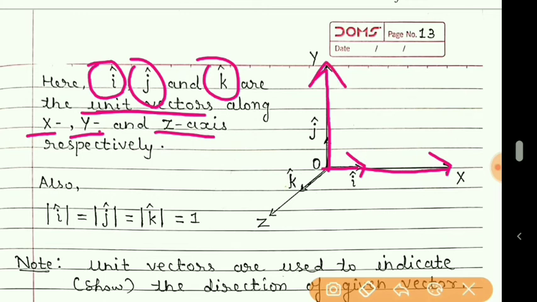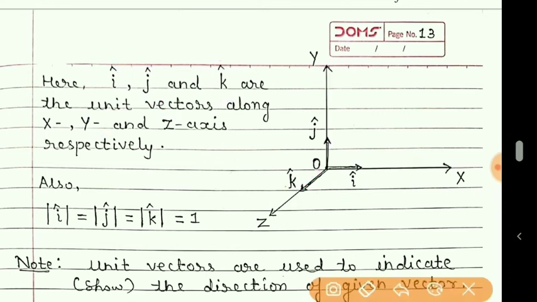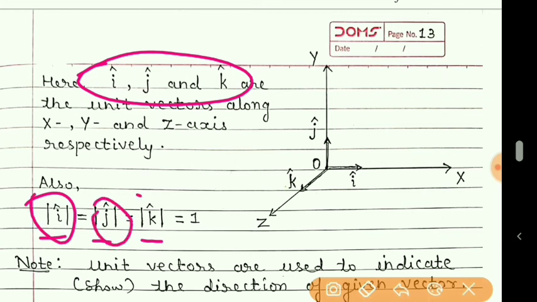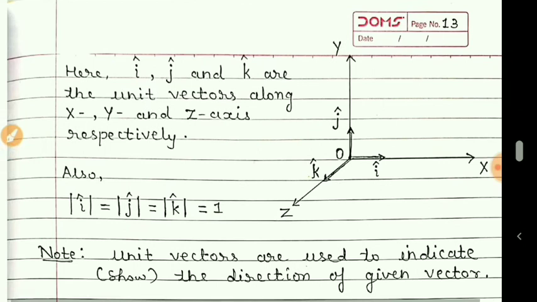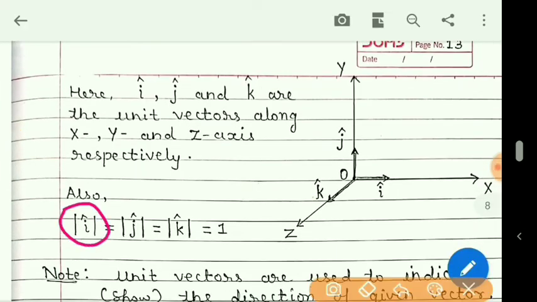And if there is a k cap, then that vector will definitely represent the z axis. And so these are the unit vectors along these axes. As these are unit vectors, their magnitude will be equal to one. Students, whenever we take the magnitude of any vector, the direction is not included in that. And that's why I cap is a vector, but when we take its magnitude, we have to write only 1. That is its magnitude.